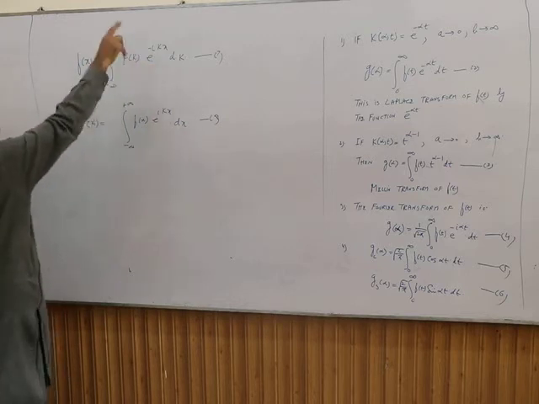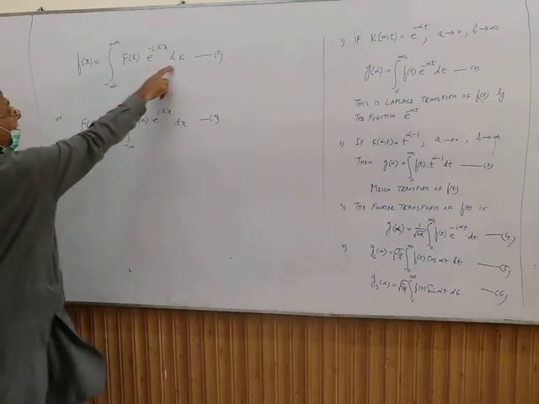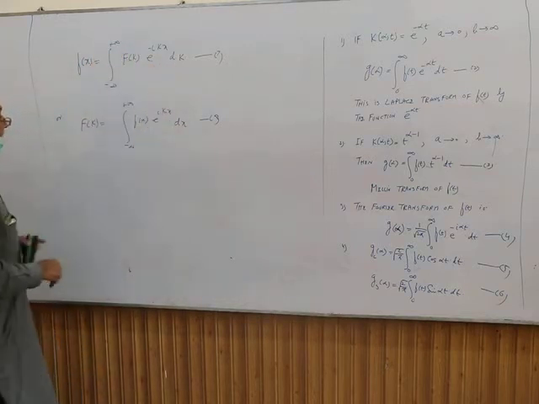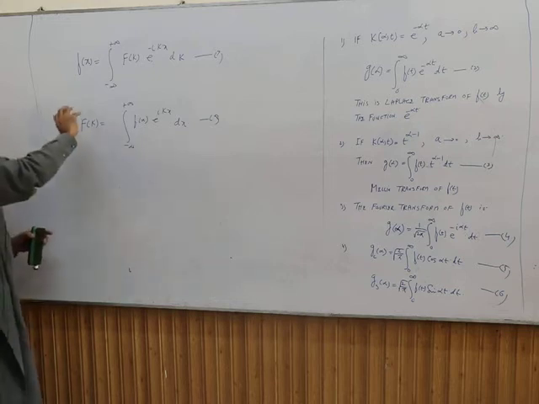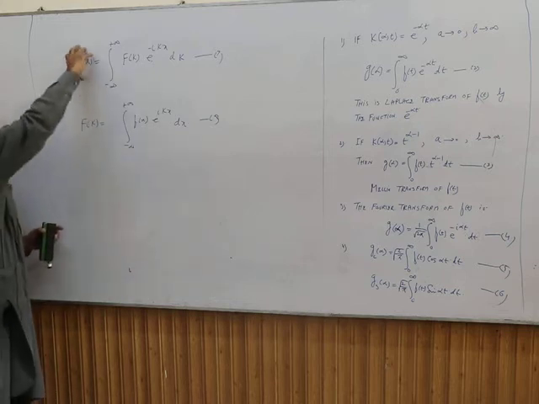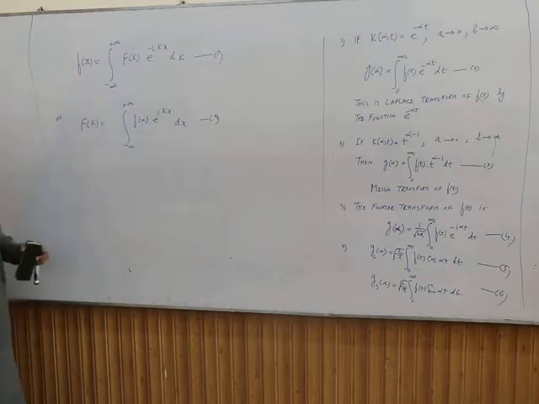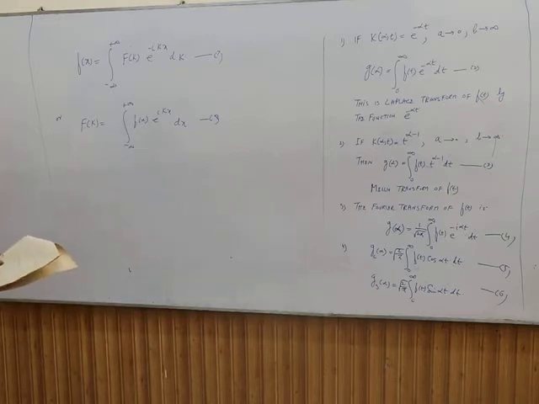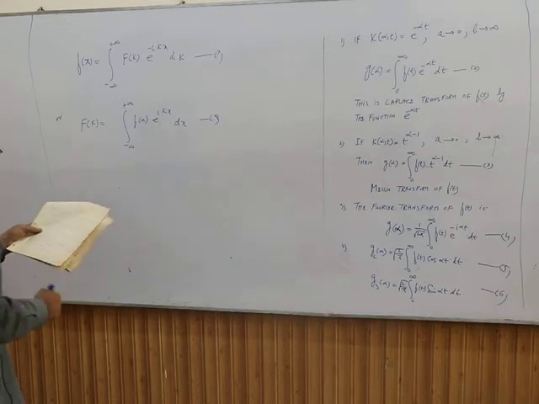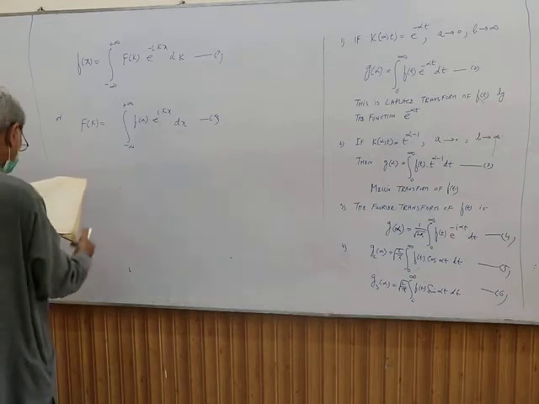Through that type of integration, here the variable is k, here the variable is x. This is known as the inverse transform of that, and that is the inverse transform of this. In one case f(x) is given and you calculate f(k). In the second case f(k) is given and you find f(x). So this is how this is done.